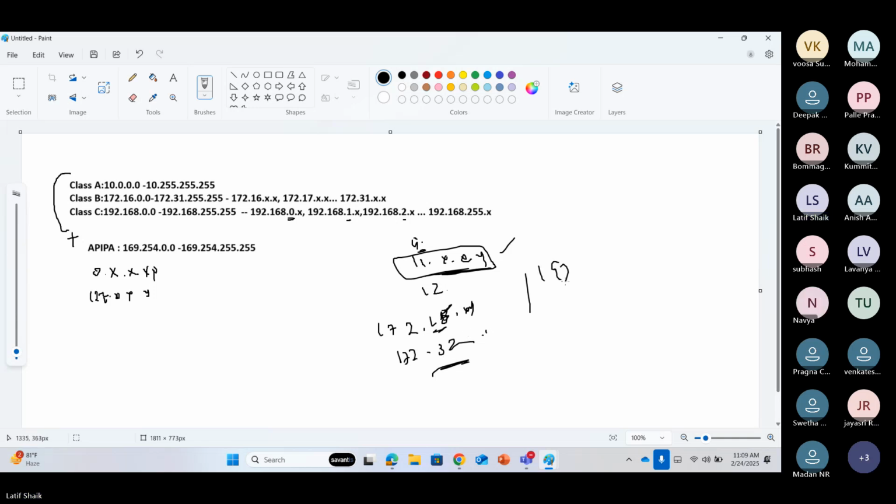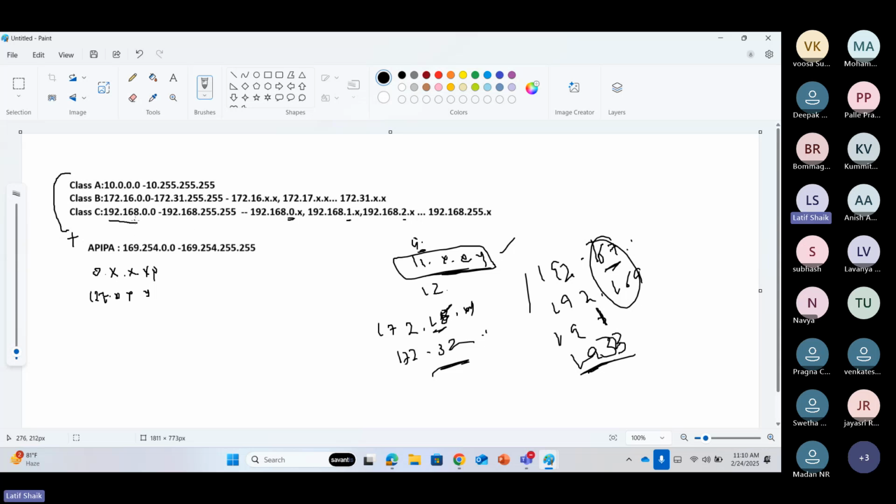192.167 is public. 192.169 is public again. 191 is public. 193 is public. Only 192.168 is the private part.